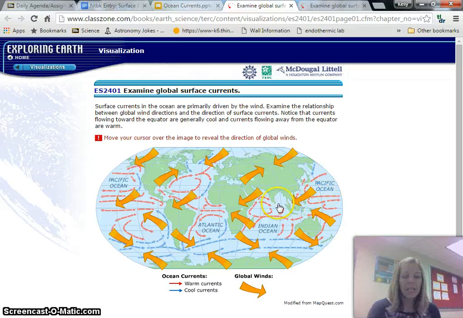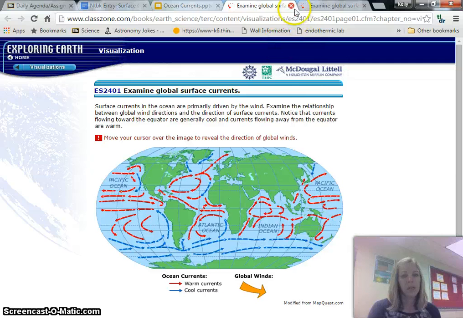And last but not least, we've got the trade winds near the equator. So anytime that the water is moving down towards the equator, it's going to be shifted from the northeast to the southwest. So the global winds, as you can see, have a major effect on the movement of these currents.